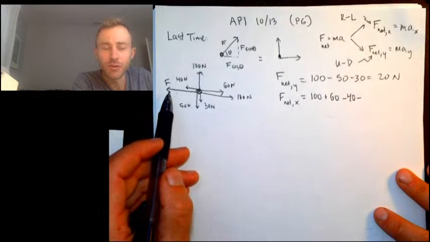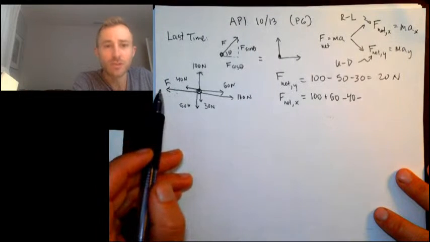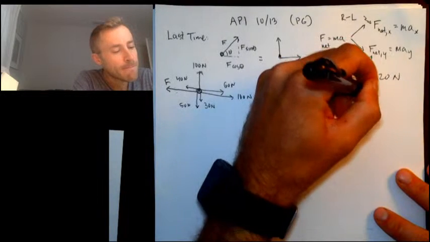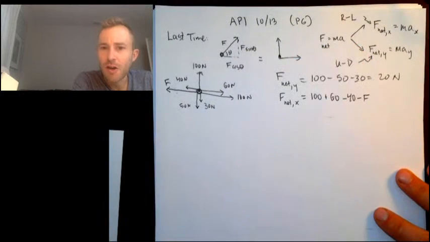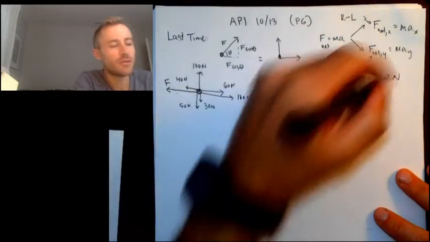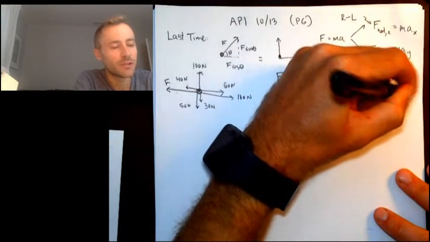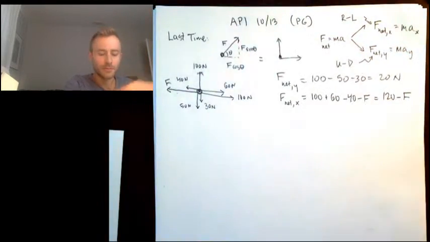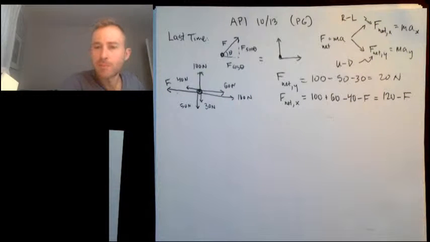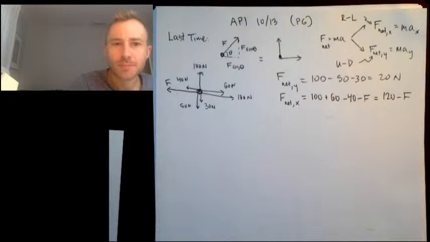And if we have a force that is unknown, we still have to include it in the net force, just as a variable. So minus F. So the most we could simplify that would be 120 minus F. Okay? So there you have it.